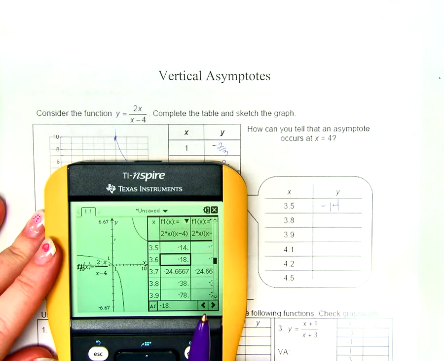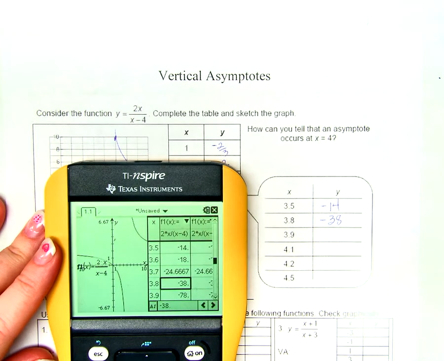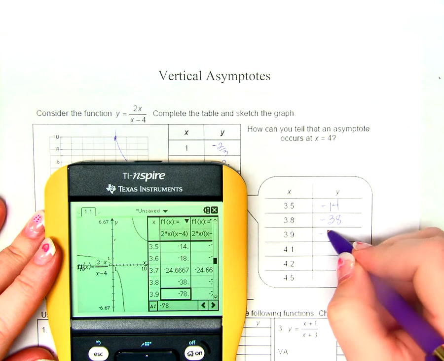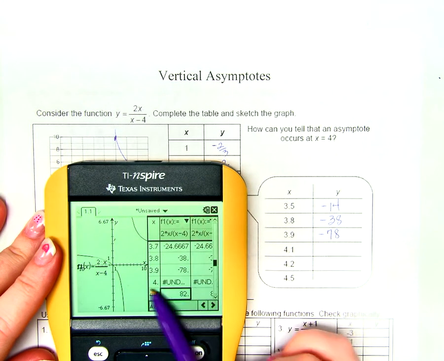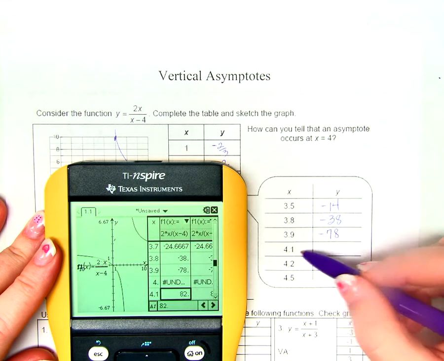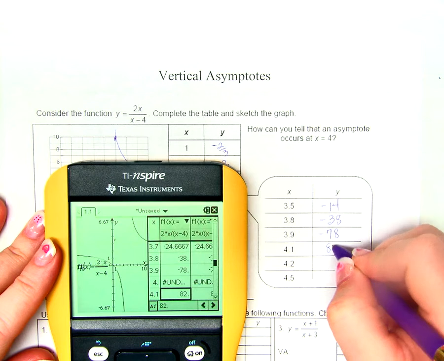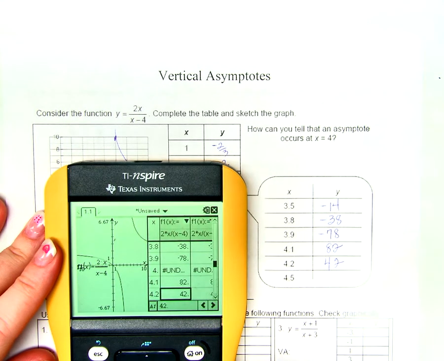When x is 3.8, it's negative 38. 3.9 is negative 78. 4.1, see I have an error again like I did on my other table at 4. It's undefined, actually is what it says on our calculator. 4.1 is 82. 4.2 is 42. And 4.5 is 18.